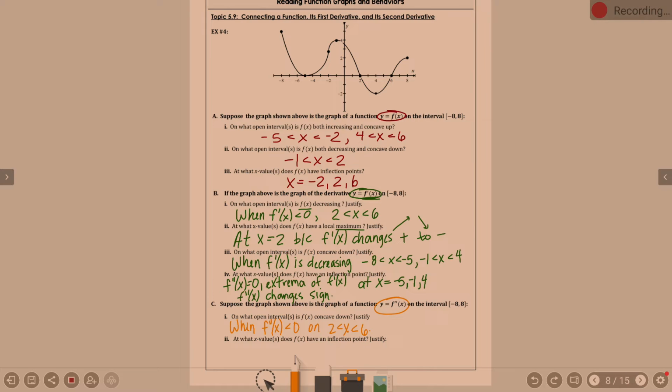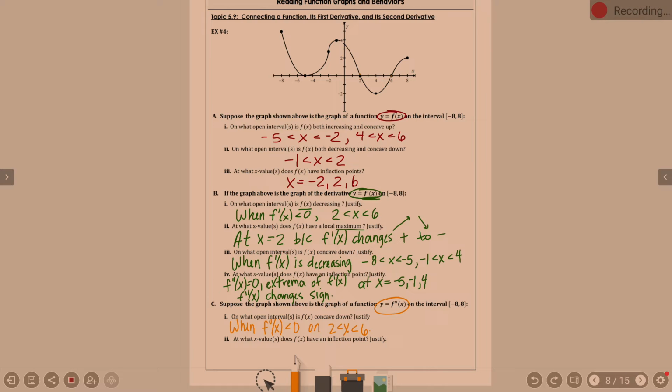Inflection points. At what x value or values does f of x have an inflection point, and justify it. Where is this going to happen? Nobody? Yeah, 2 and 6, because what's happening at 2 and 6?